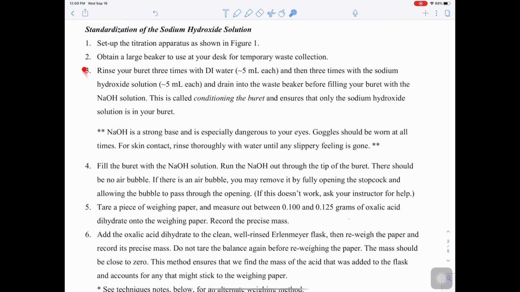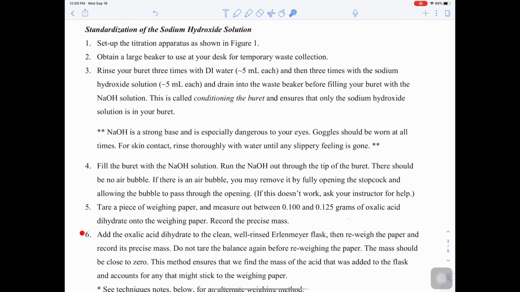In the video, I demonstrate rinsing the burette with DI water, conditioning it with sodium hydroxide, and filling it, and getting the air bubble out of the tip. So as you watch that video, make note of the steps that I'm going through here, so that in the future, when you need to do this in person, you'll have an idea of what is being done.